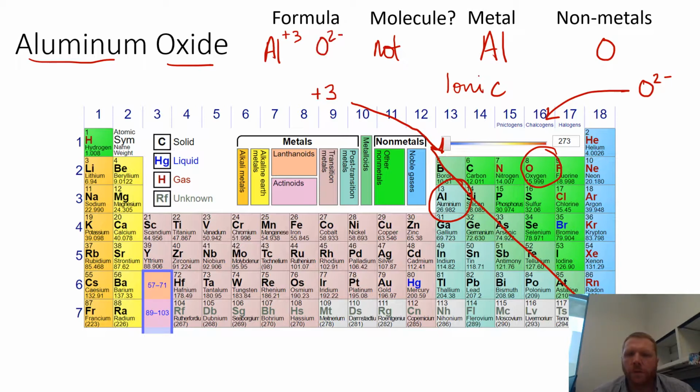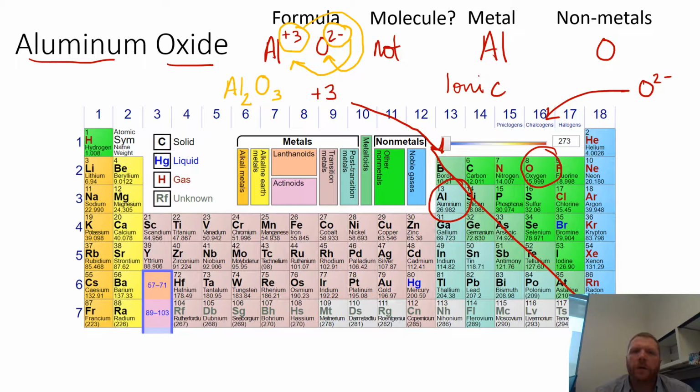What you can do is match these up by taking the superscript charge for one atom and making it the subscript for the other atom. The superscript charge for the aluminum atom becomes the subscript for our other atom. So our formula, therefore, is Al2, we don't use the minus, O3.